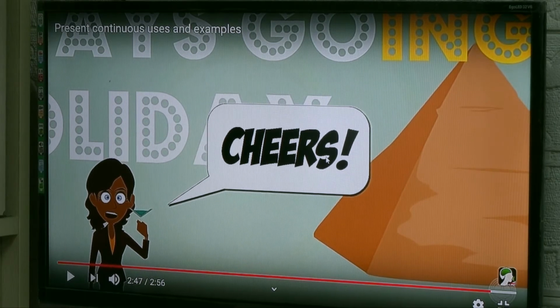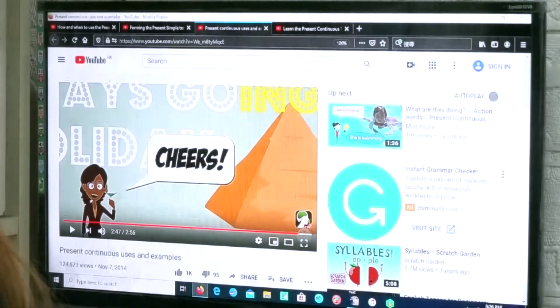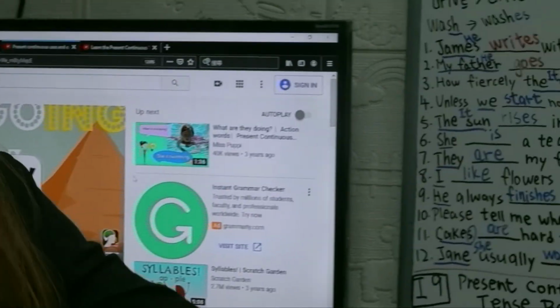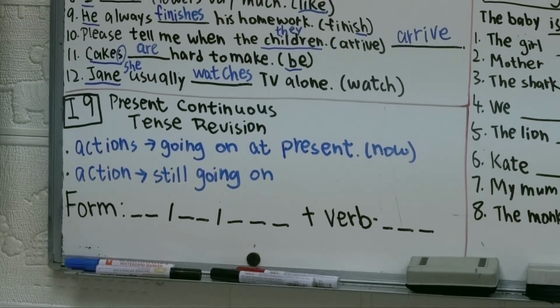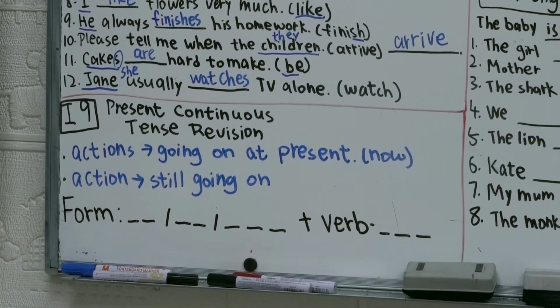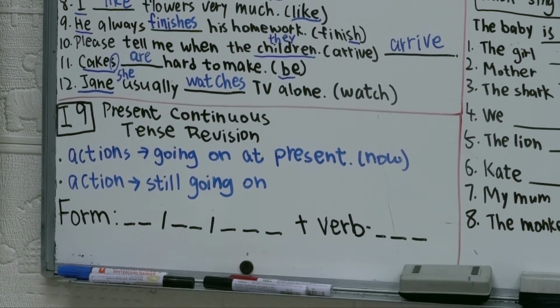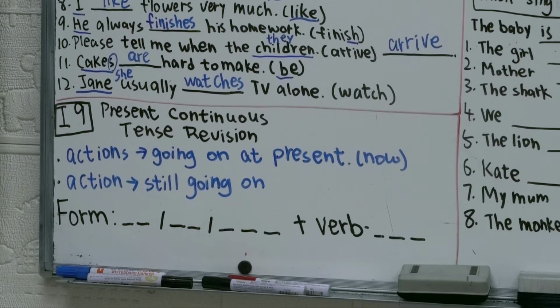Okay, so the main point of present continuous tense is, what is the main point of using present continuous tense? We use present continuous tense when something is going on at present, means right now, right?